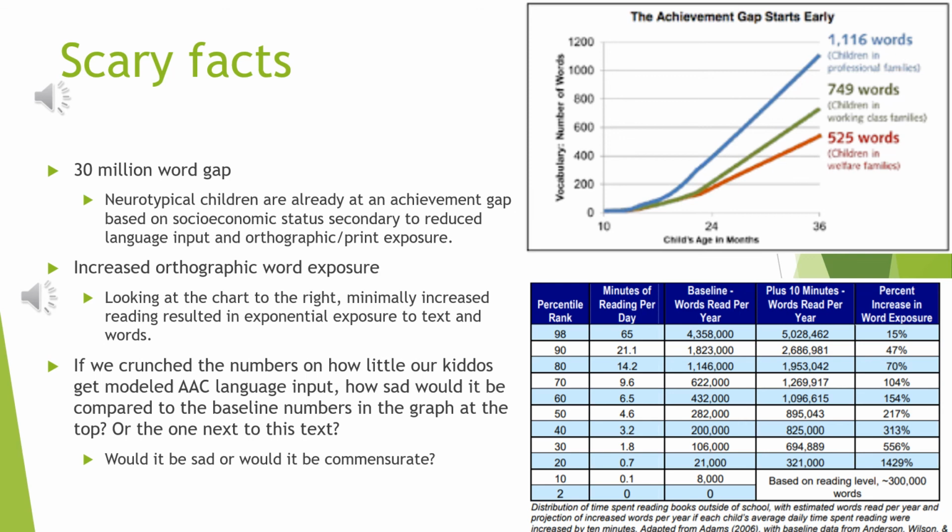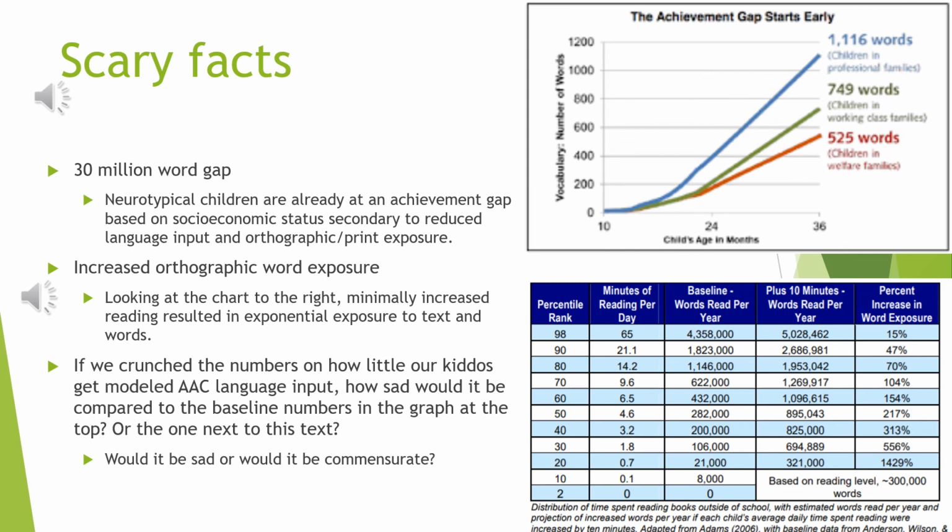Now, if I haven't sold you guys on core words by just being the nerd that I am, I'm going to have to scare you into it, because there are indeed some really scary facts regarding language development. Looking at these facts, we know that there's this phenomenon called the 30 million word gap, okay?